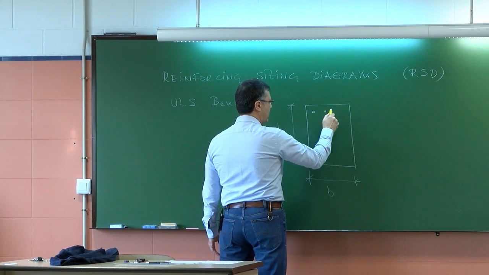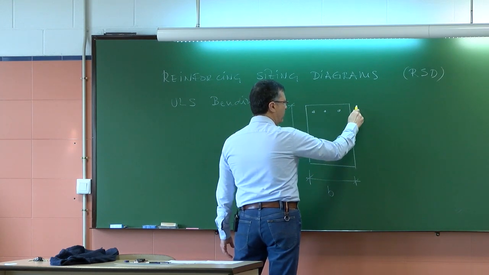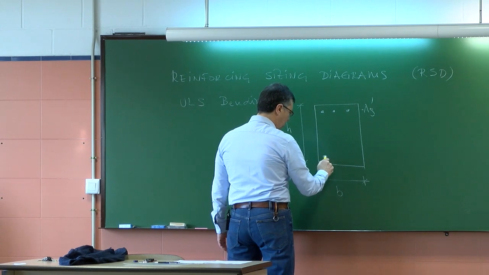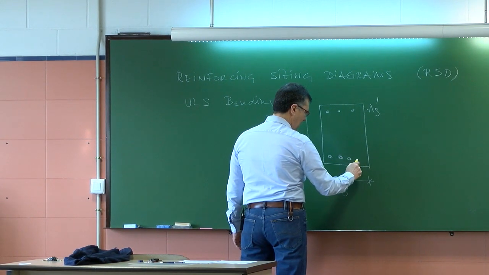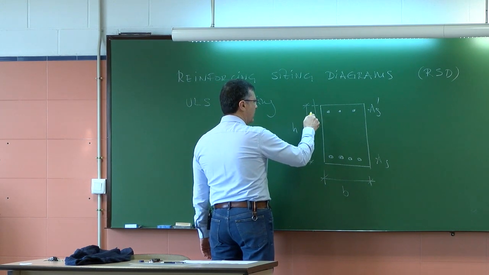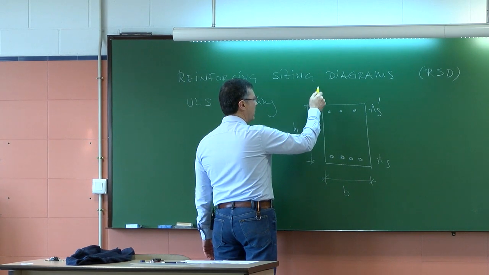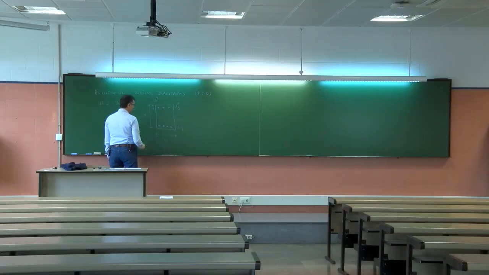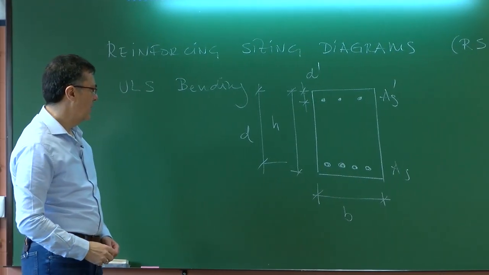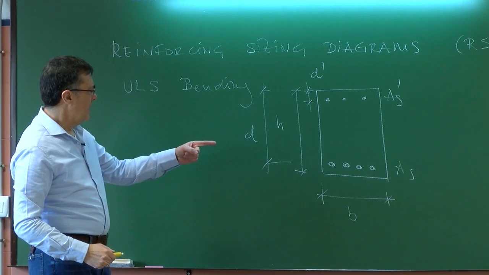So the top reinforcement is AS prime. The bottom reinforcement is AS. The mechanical cover of the top reinforcement is d prime, and the distance from the top fiber to the bottom reinforcement is d. So this is all very international nomenclature.